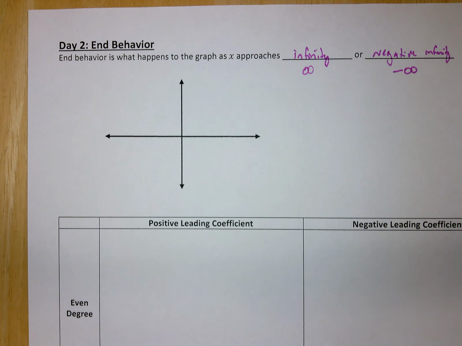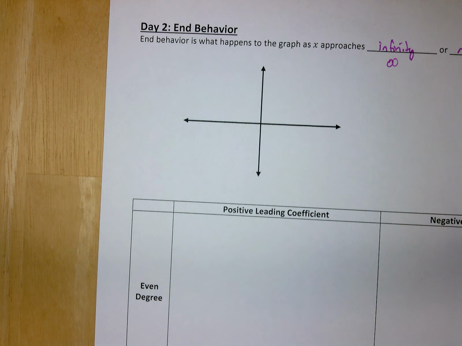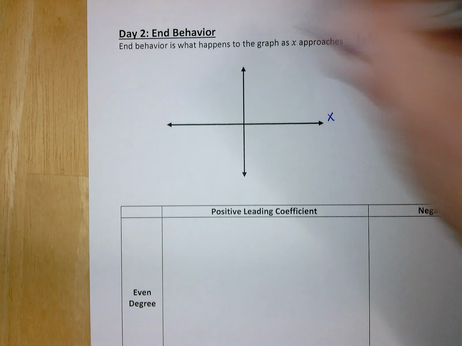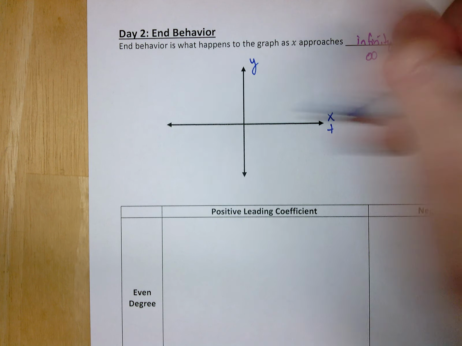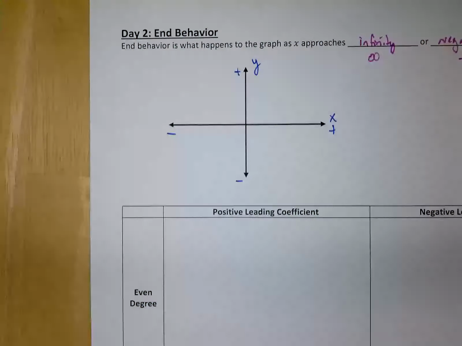Anyway, all right, so first thing that I'm going to remind you about is on your coordinate plane, this is going to feel stupid, right? But you've got your x-axis and you've got your y-axis. This is the positive end, that's the negative end. This is the positive end, that's the negative end, right?